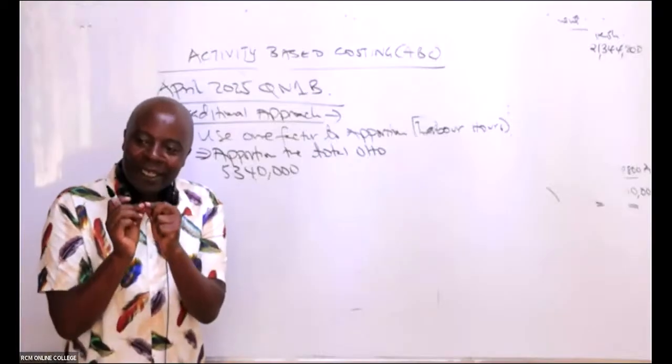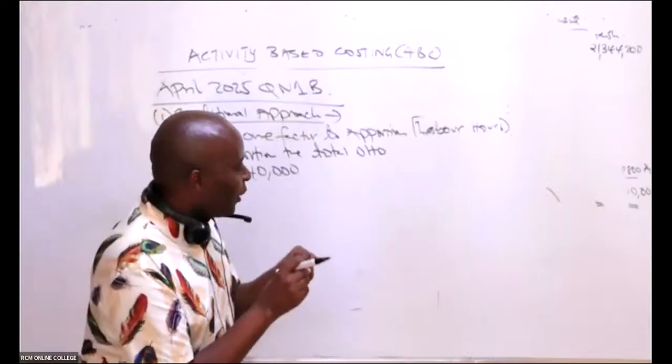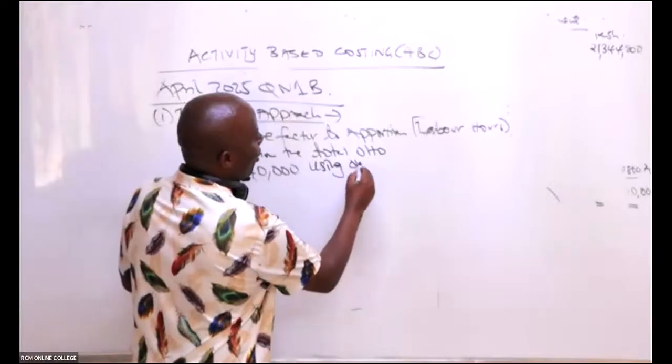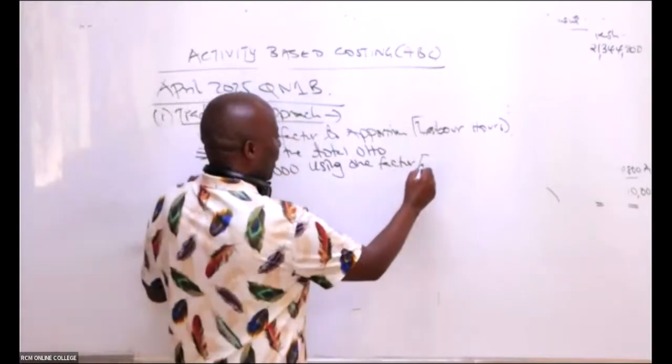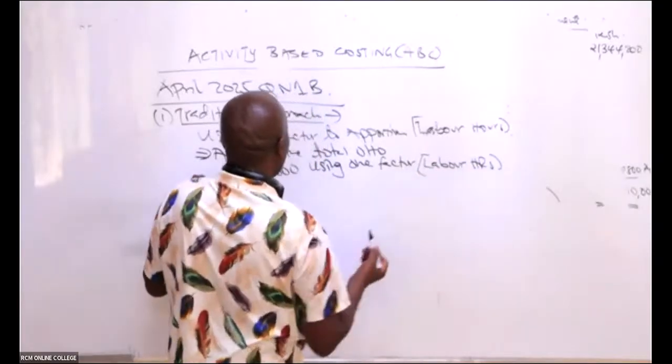They don't want us to look at the individual components. They want us to apportion the total overhead of 5,340,000 using what here, somebody? Using just one factor. I'm just repeating this for you to understand this better. Using one factor, which is the labor what here? Labor hours.